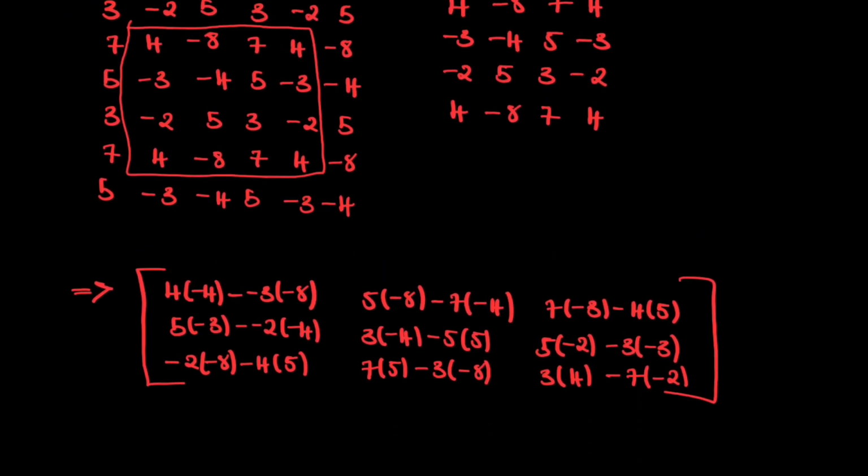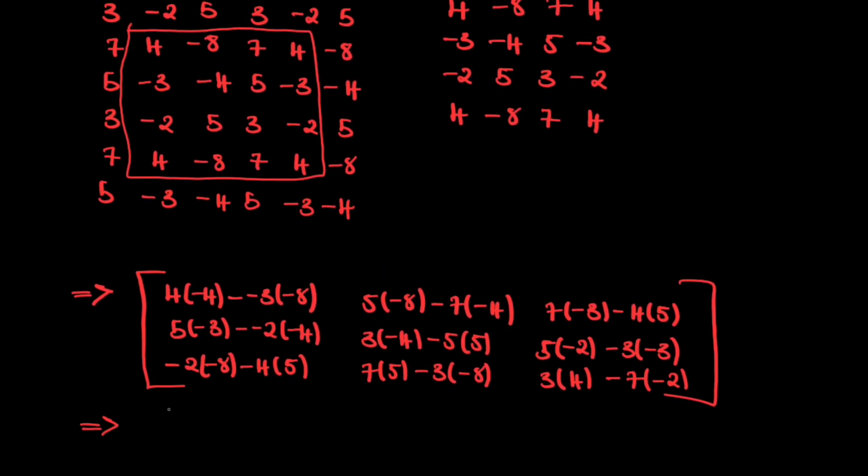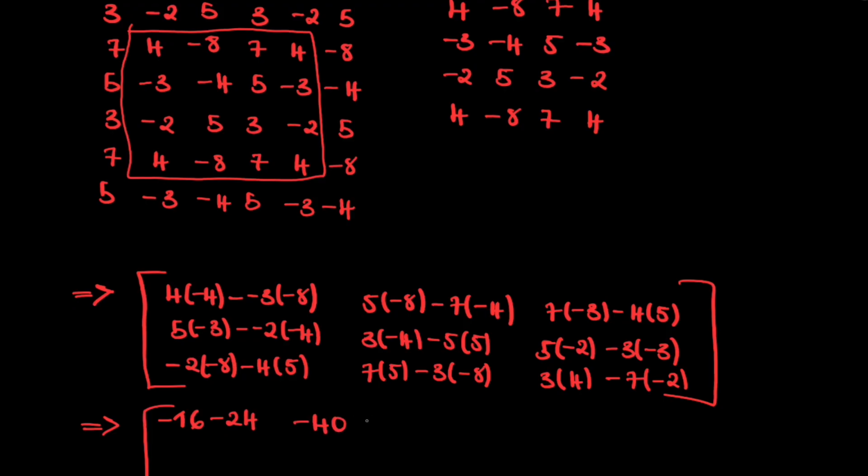So now we simplify them. 4 times minus 4, minus 16. Now this is plus 3 times minus 8, which is minus 24. We take the next, 5 times minus 8, minus 40, minus 28. We go to the next, minus 21 minus 20. The next, minus 15.